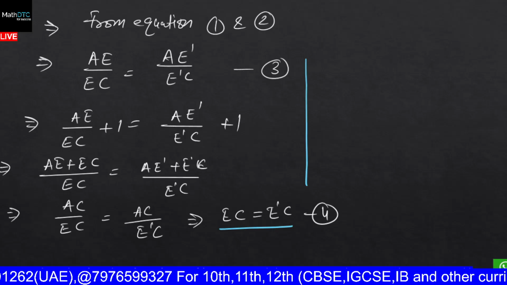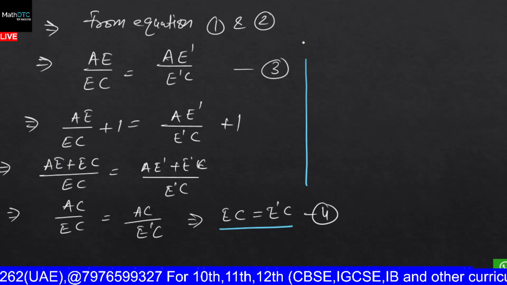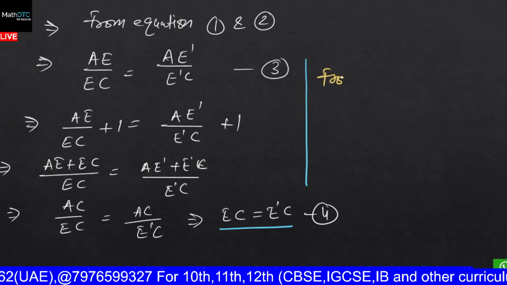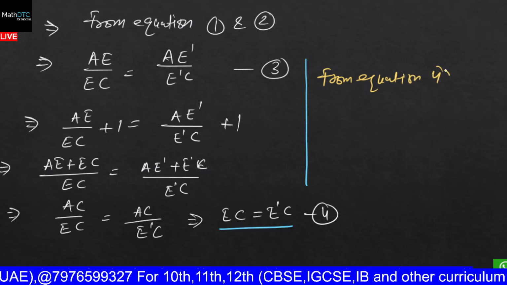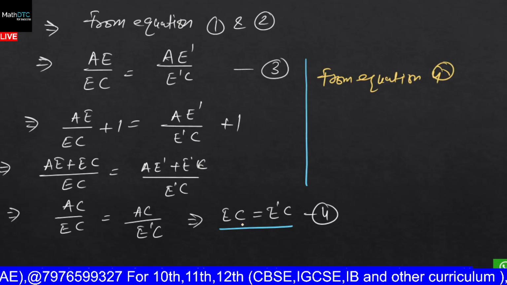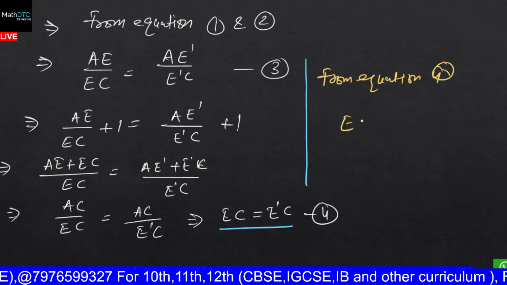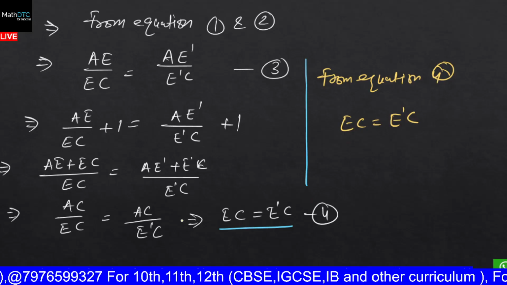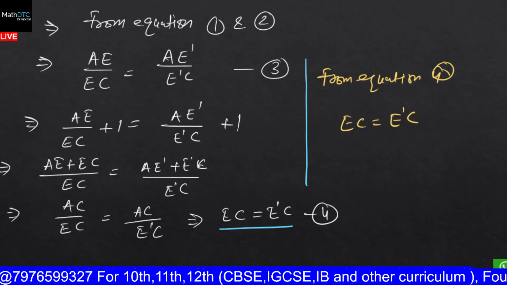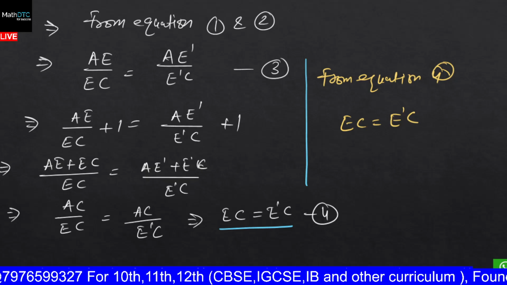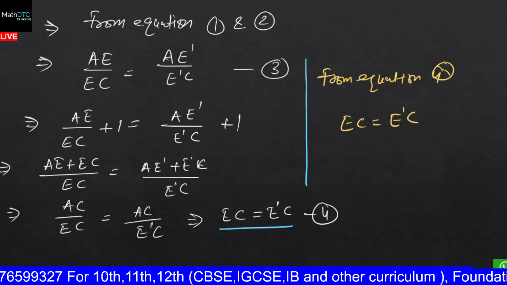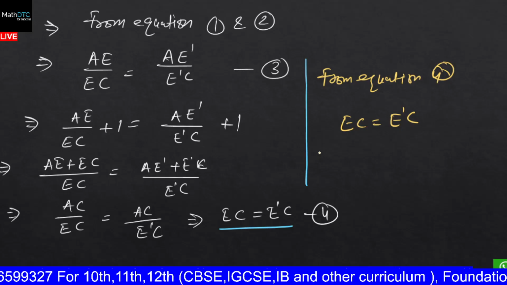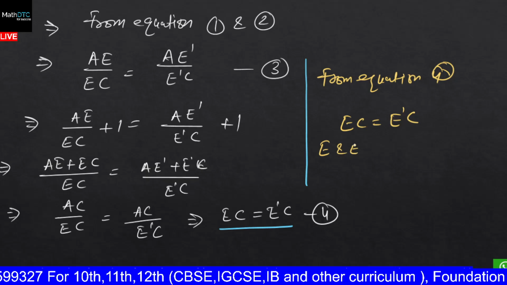From equation 4, you can observe that EC is equal to E dash C, right? We got EC is equal to E dash C. That means E and E dash are both the same point, okay?